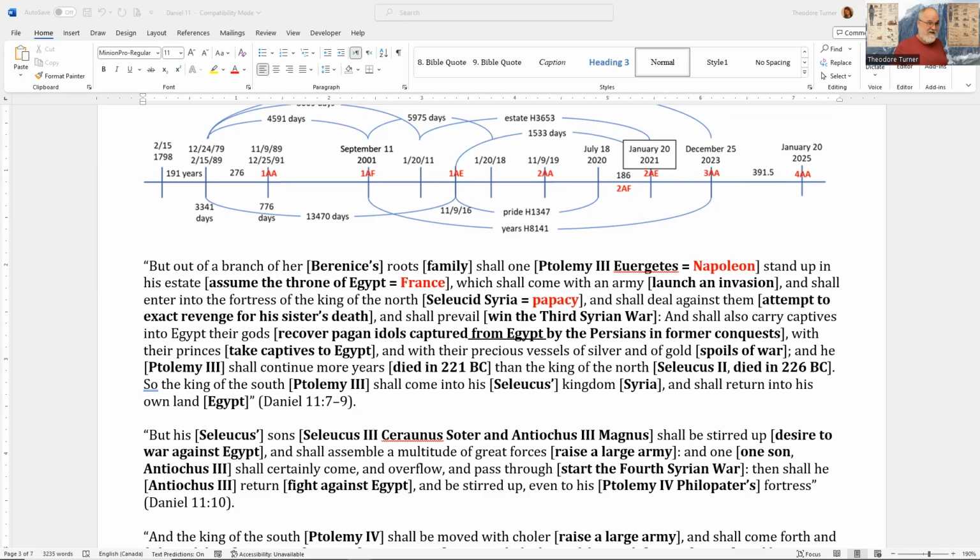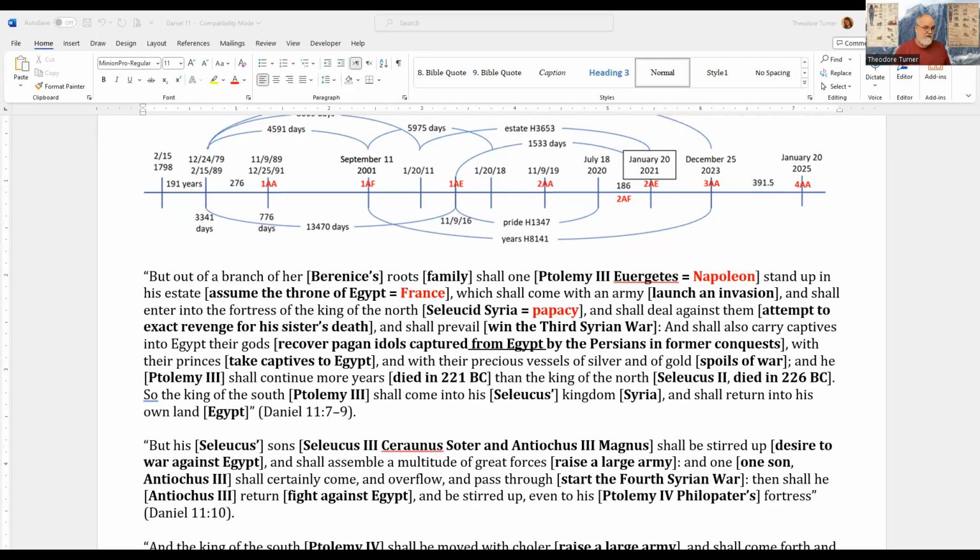And so we can count 809 days from the end of this war on February 15th, 1989, to the 20th day of the first month in 2011. That's January 11th. And then from that date we can count 3,653 days, 10 years, and it brings us to the inauguration of Biden. So by connecting the four winds to him coming into his estate, we get this January 20th, 2021 date. Okay, so that's how we did it.